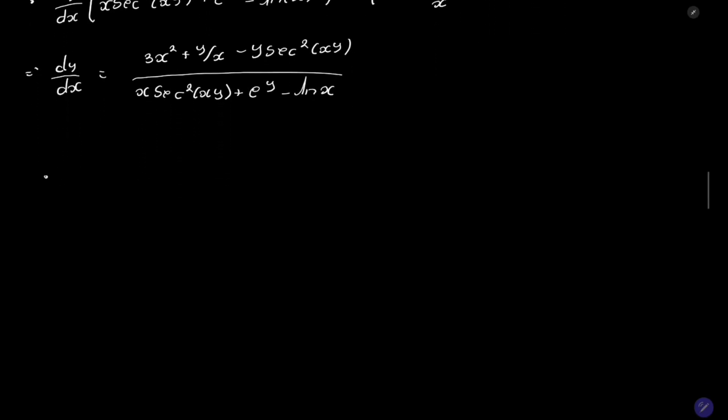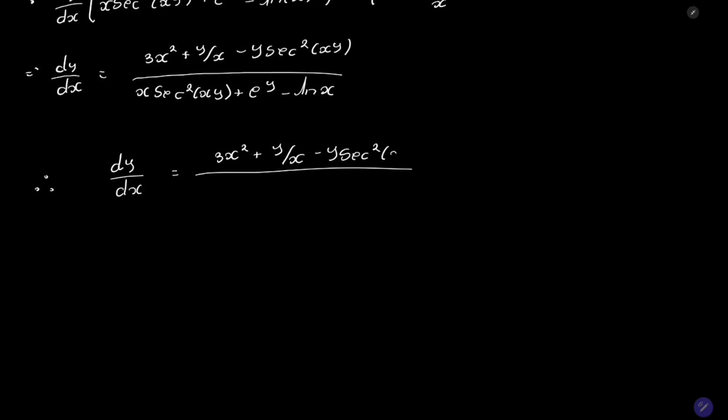So in conclusion, the derivative of y with respect to x in our question gives us the expression 3x squared plus y on x minus y sec squared xy divided by x sec squared xy plus e to the y minus ln x.